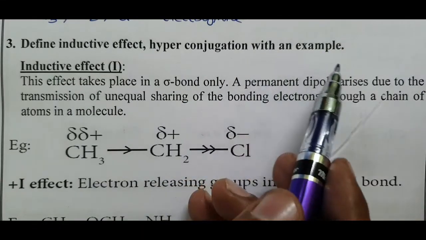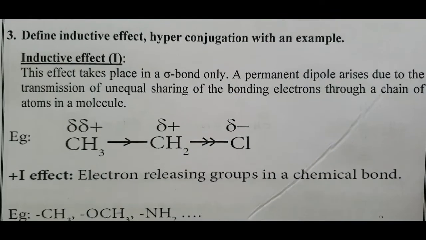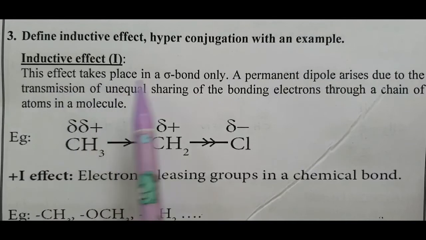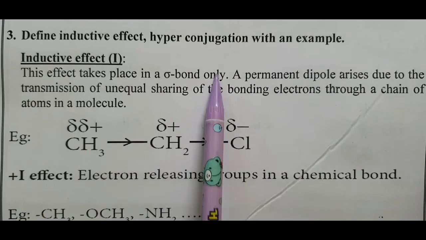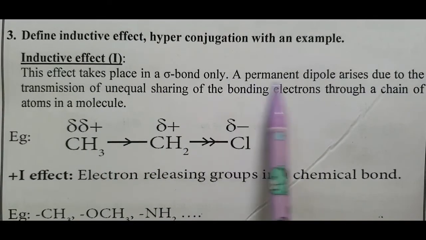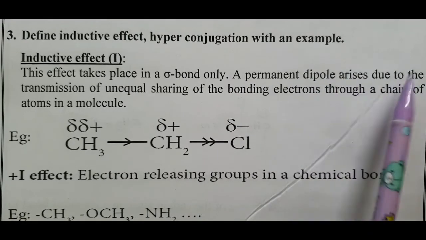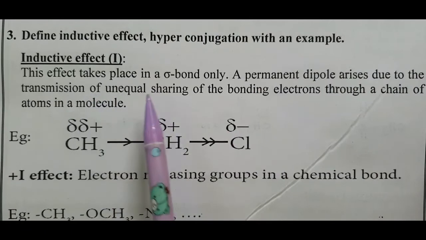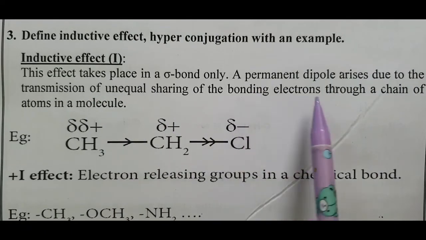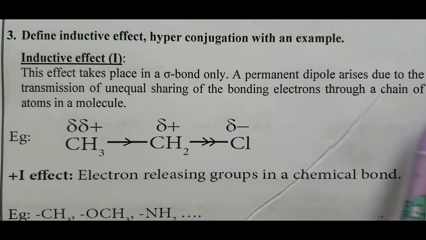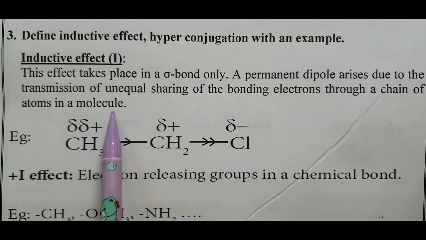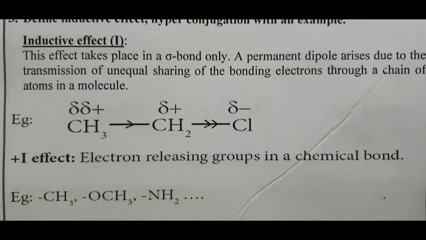Define inductive effect and hyperconjugation with an example. What is meant by inductive effect? This effect takes place in a sigma bond only. A permanent dipole, plus and minus, arises due to the transmission of unequal sharing of bonding electrons through a chain of atoms in a molecule, and is called the inductive effect.